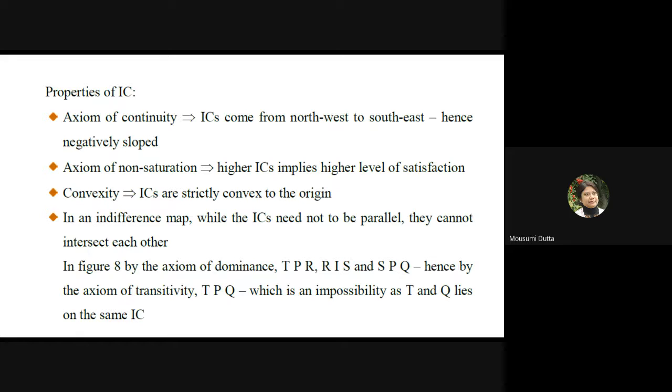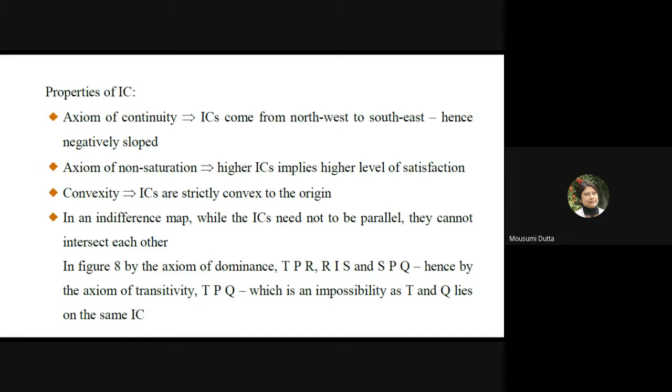So finally, coming to the properties of the indifference curve, we are finding that the axiom of continuity is stating ICs come from northwest to southeast, hence negatively sloped. And then we elaborated the slope can be captured by marginal rate of substitution. What is marginal rate of substitution? How we can derive the slope of the indifference curve. So we elaborated these points.